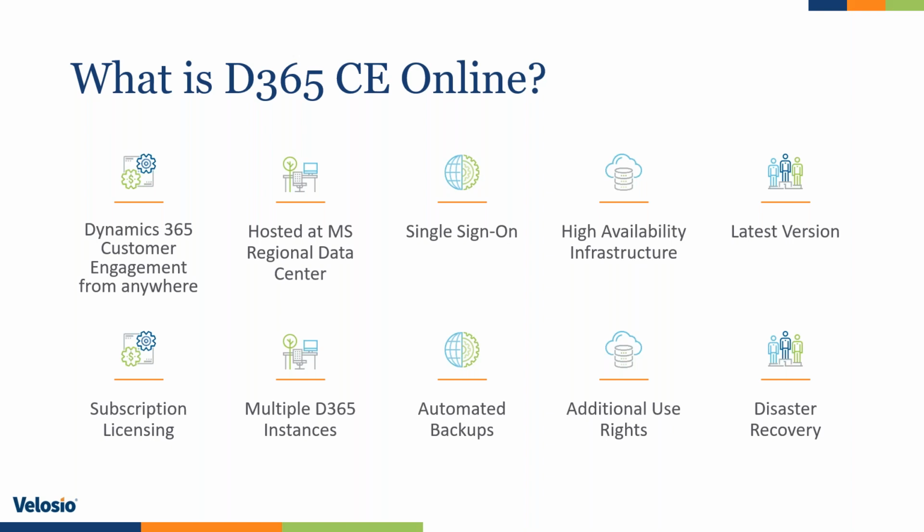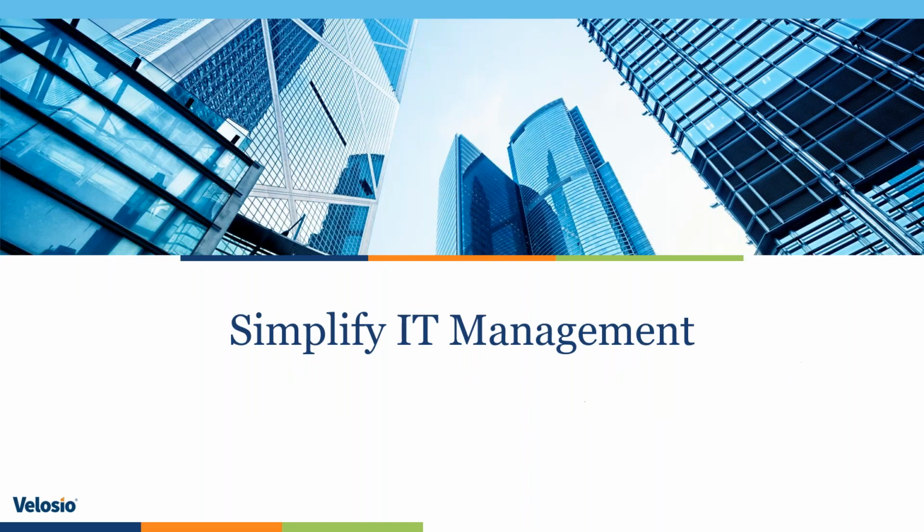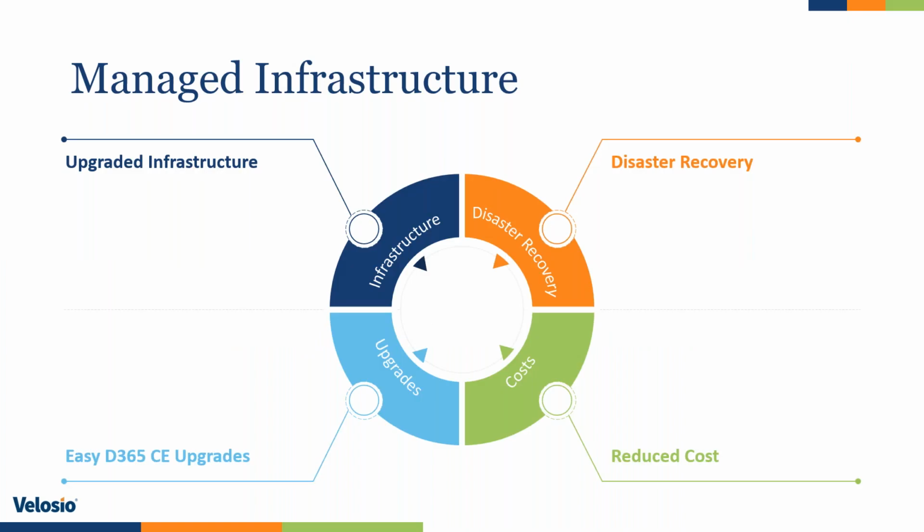And those are the types of things that I wanted to talk about first when we talked about the different benefits of moving online. The IT area is really where you see a lot of the biggest benefits, cost savings, and less headaches and things like that. So we're going to talk about these IT benefits in 4 areas.